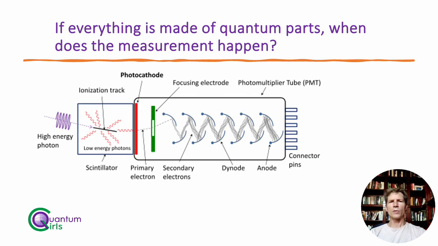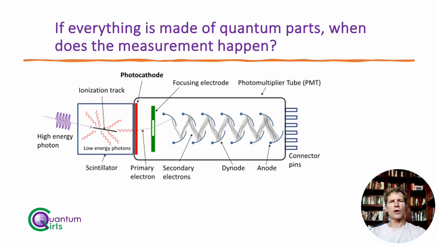So let's consider that in more detail with a real example. We'll use a photomultiplier tube, which measures whether or not a single photon has been detected, and at the end on the right-hand side it would light up a light, or do something that would indicate that this single photon has been detected. On the left-hand side we have a high-energy photon coming in, which might have been a photon that came through one of our beam splitters from the previous slide.